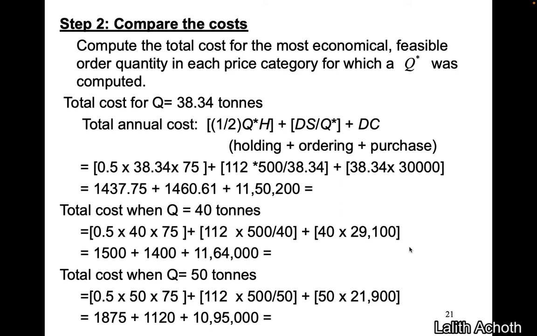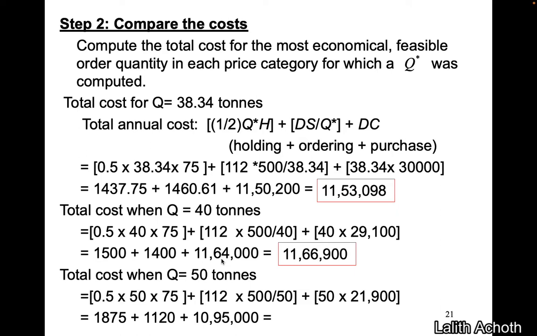So I multiply 30,000 by 0.97. I get 29,100. And then 40 is my order quantity into 29,100, because I'm getting a discount. It's not going to be as costly as before. So I calculated the discount. My cost becomes 11 lakh 64,000, and the total cost is actually higher. So the 3% discount is not enough, because it's still going to be costlier than the EOQ. It's rather you go for the EOQ.